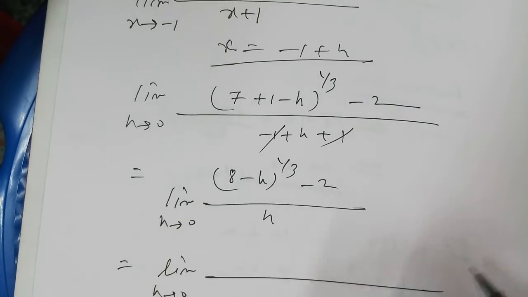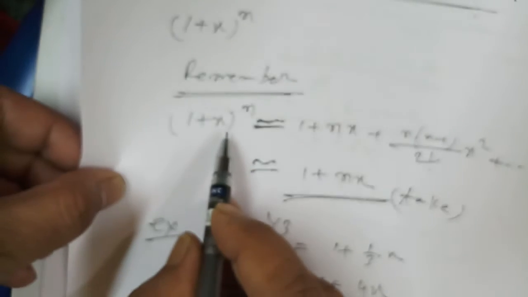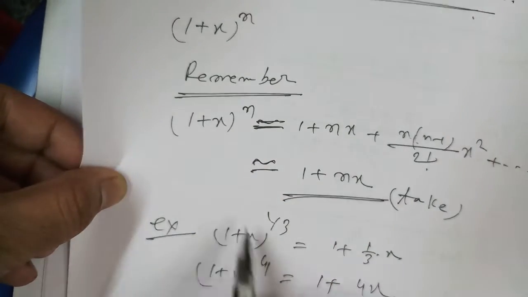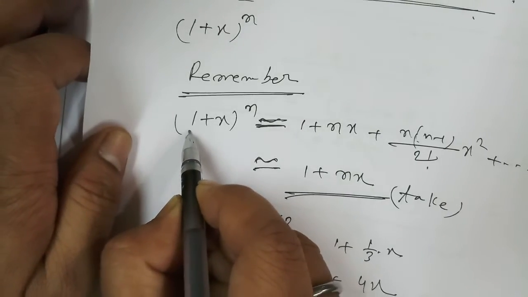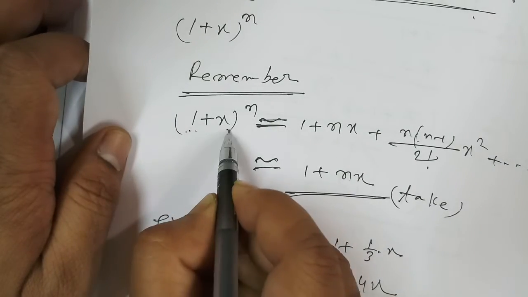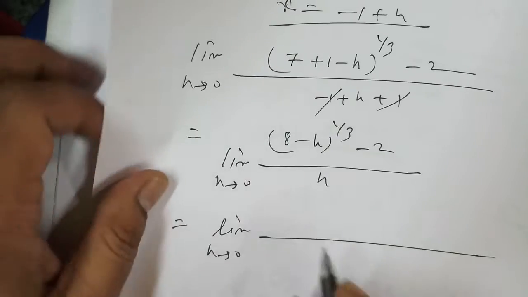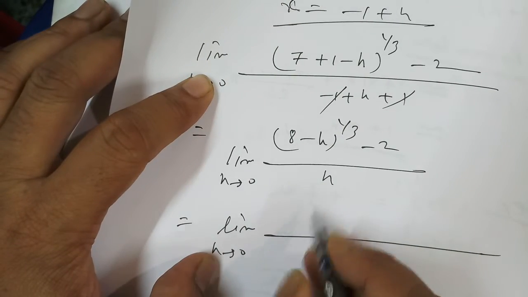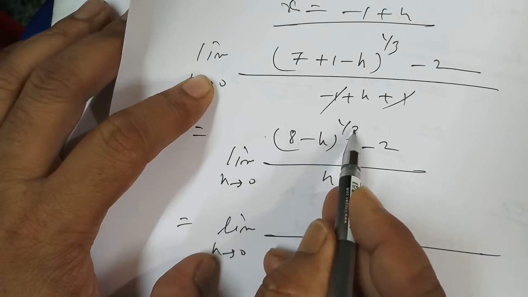This is the binomial theorem, (1 + x) to the power n. In the first term, the first term is 1, but here the first term is 8, so you can take 8 common, and 8 to the power 1/3 comes out, which will be 2.